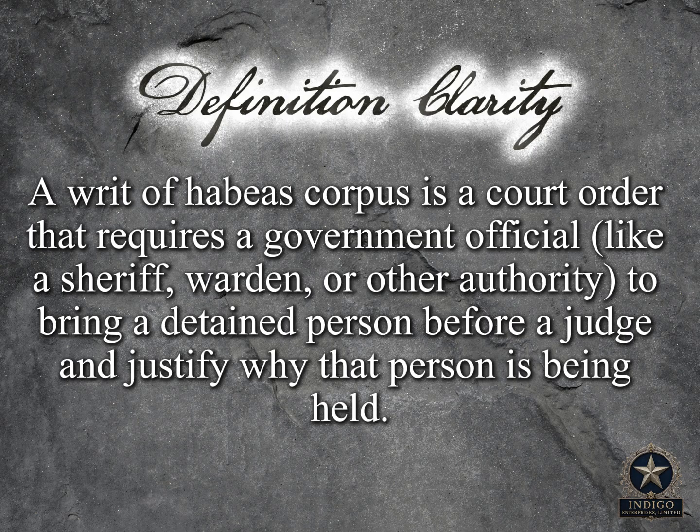It basically is a demand for the government to prove it has a legal reason to keep someone in custody. And if it can't, the judge orders the person's release. The purpose of this writ is to protect against unlawful imprisonment. Additionally, it is to ensure there is due process, that a person cannot be held without a valid charge.